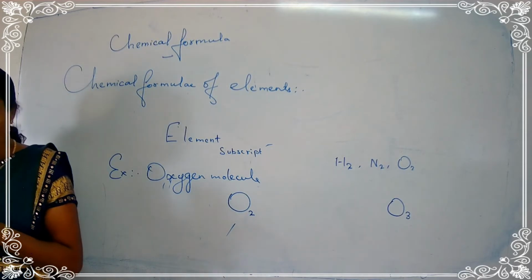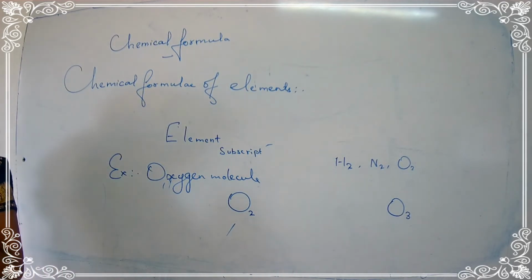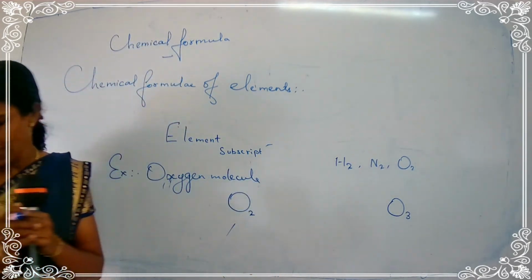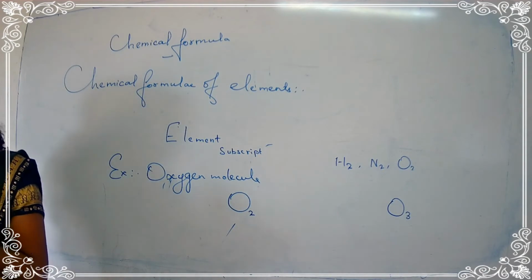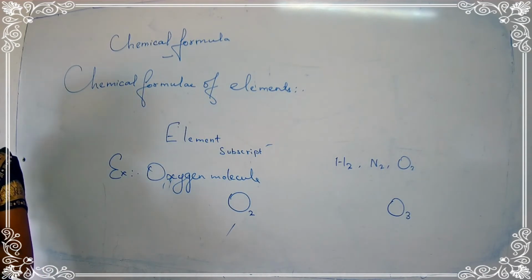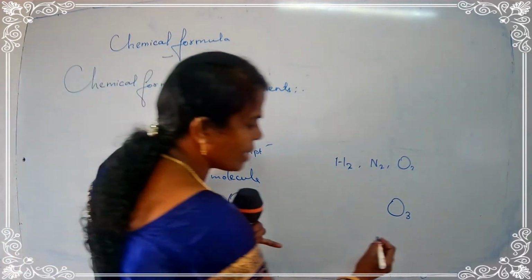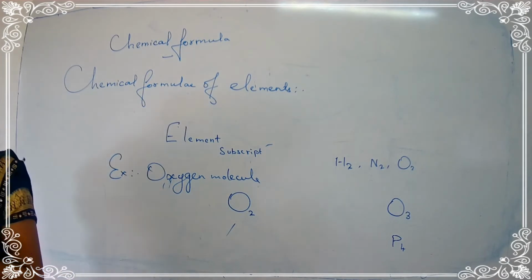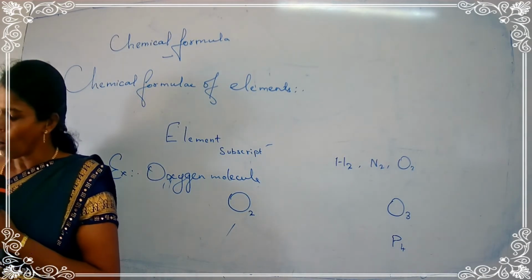Next, molecules of elements like phosphorus have 4 atoms, so they are called tetraatomic. Phosphorus is written as P4. Their atomicity is 4.